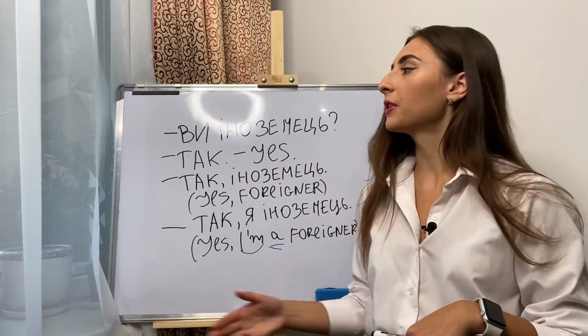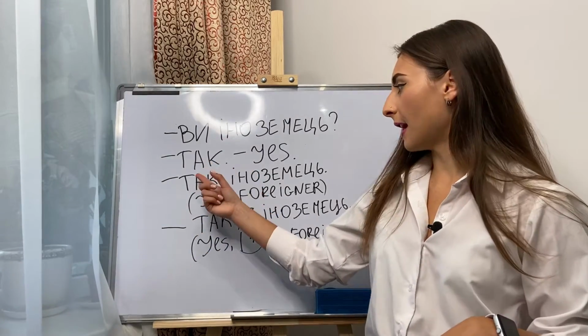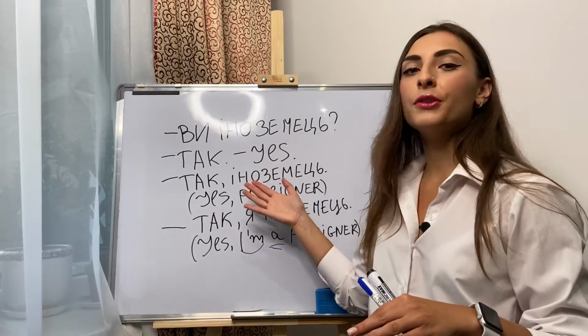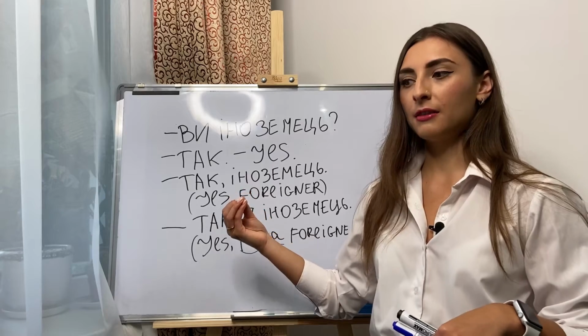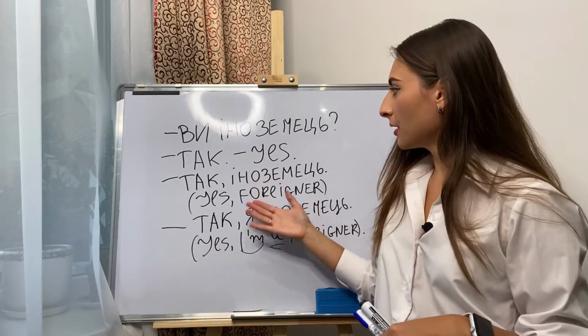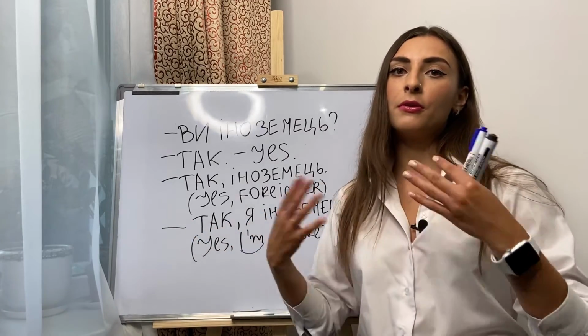This is how you can reply in Ukrainian. Short answer, так. A slightly longer answer, yes and then a noun or main word that you were asked about. Так, іноземець, and the full так, я іноземець. Yes, I'm a foreigner.